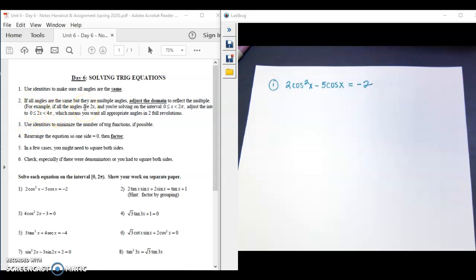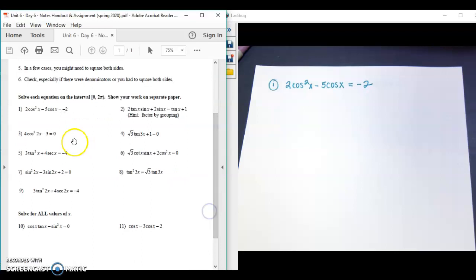We'll look at that with the problems. We're going to use some of our identities that we learned the other days to minimize the number of trig functions that we have before we can solve. We always want to rearrange and get it set equal to 0 and then factor. In some cases you might have to square both sides if you can't factor it, and then we just need to make sure if we have denominators that we check our answers.